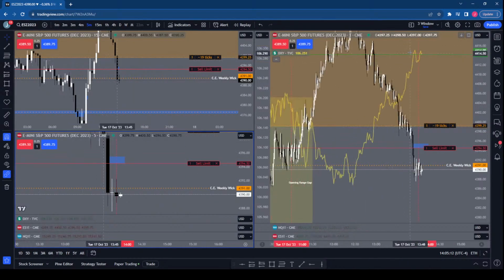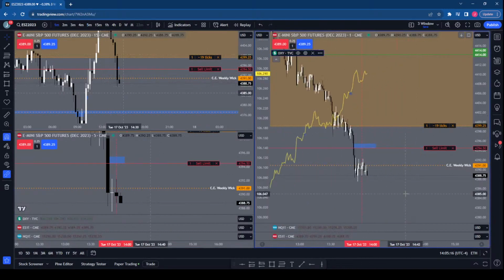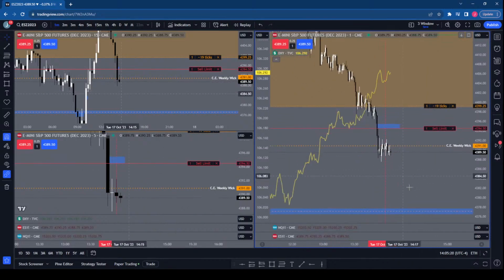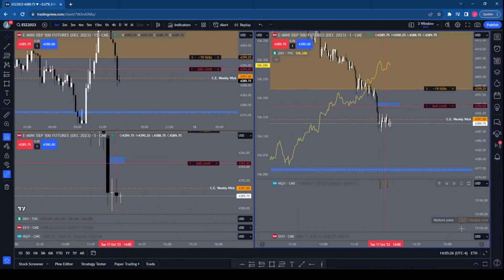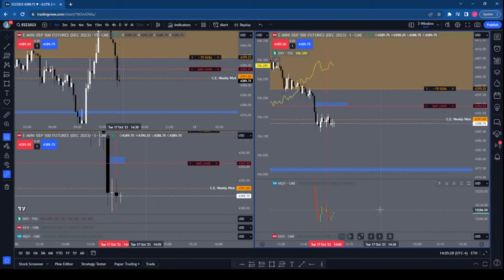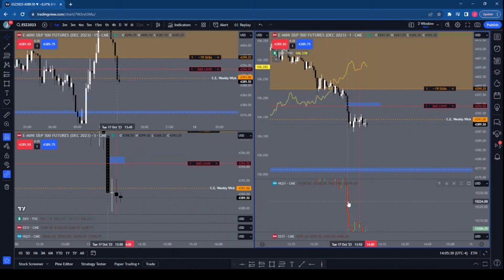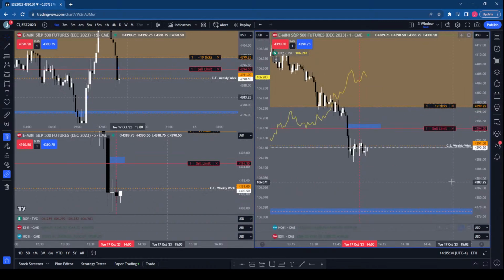The dollar is rising, so as long as the dollar keeps making higher highs, I'm comfortable with this. Check NASDAQ. It's also a fair value gap on NASDAQ.